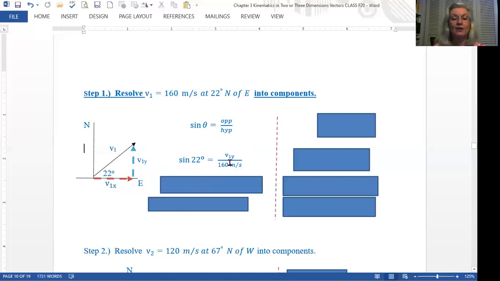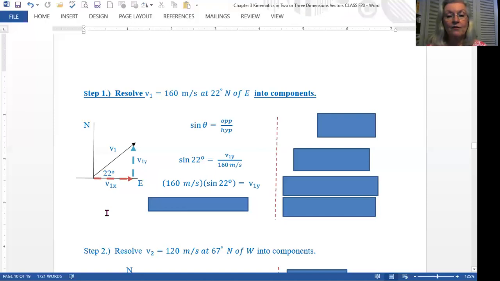Well, we have a fraction on the right-hand side, so we need to get rid of the denominator. To do that, we multiply both sides by 160 meters per second, so it pops up on the left and disappears on the right. And on the right, we're left with v sub 1y. So the 1 and the y again are subscripts.